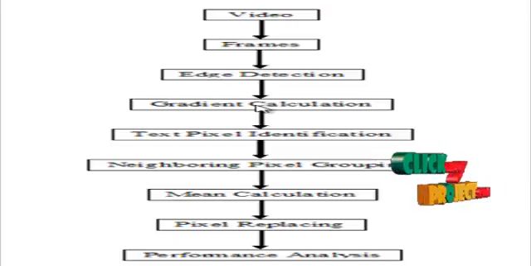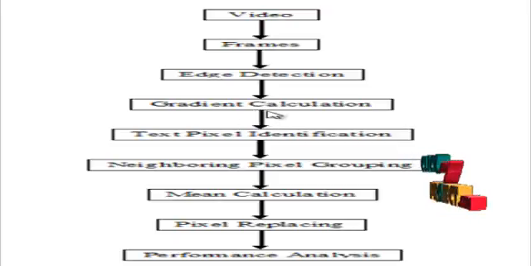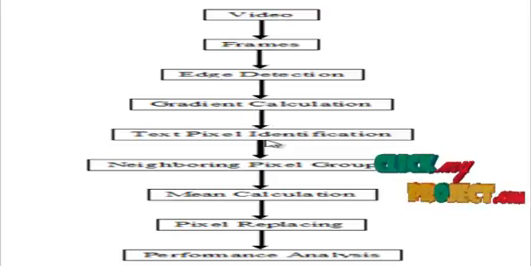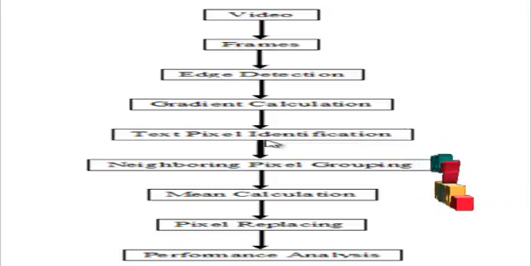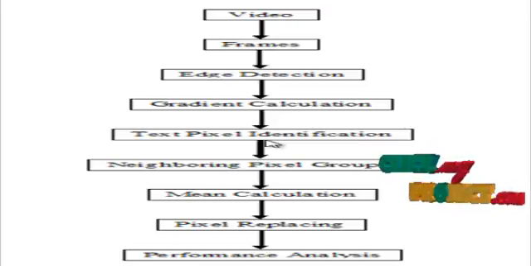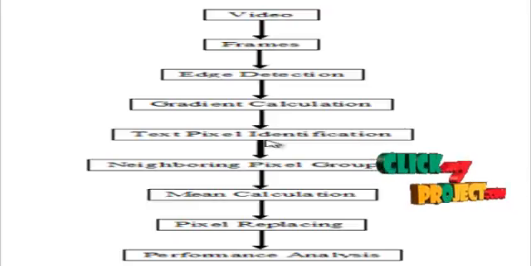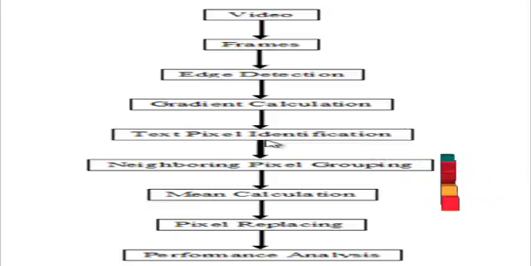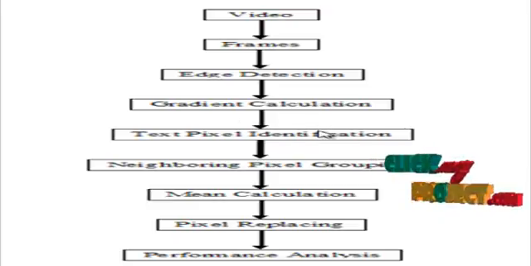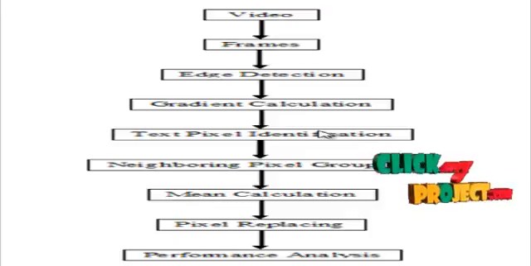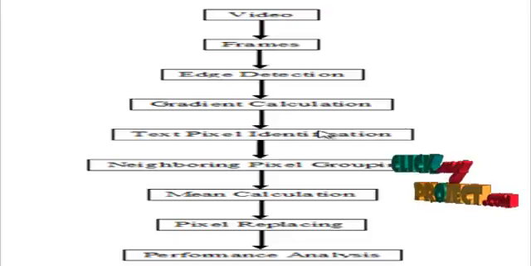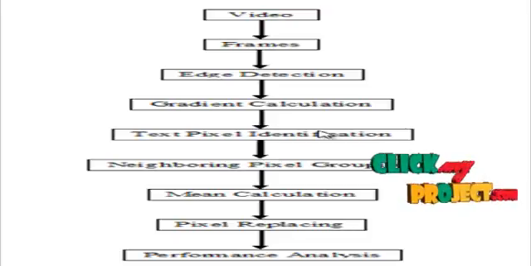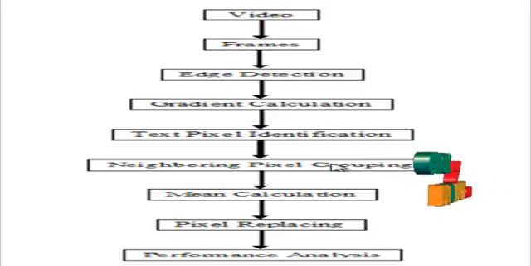After the gradient calculation, the text pixels in the images were identified by comparison of the current frame with the previous frames. After the identification of the text pixels, the neighboring regions were grouped in order to locate the text locations in the overall video frame.